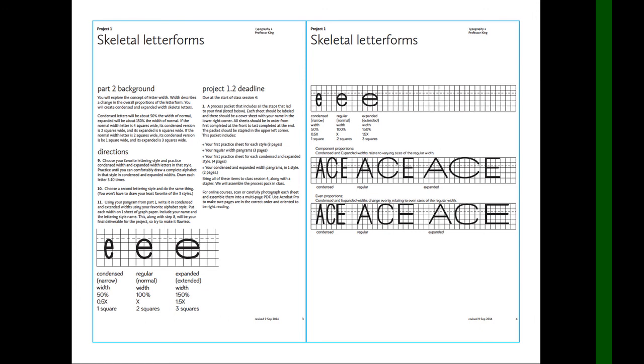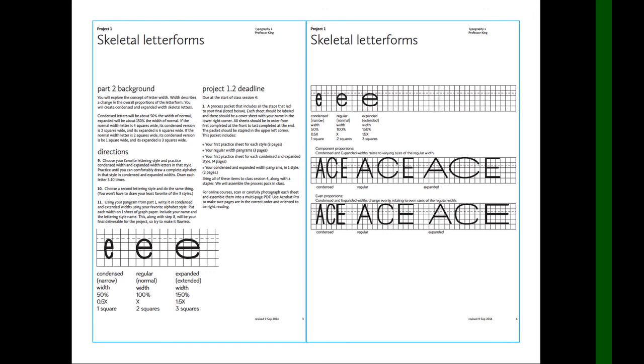Under the deadline section, I've listed what I want in that packet. So the packet has your first practice sheet for each style. So that will be 3 pages total. So your first geometric practice sheet, your first grotesque, your first humanist. Just the first one. Even if you did 6 pages of humanist letters, I just want the first practice page.